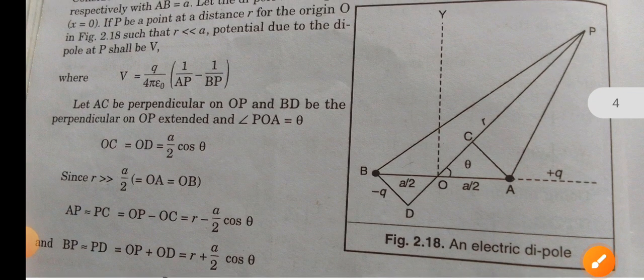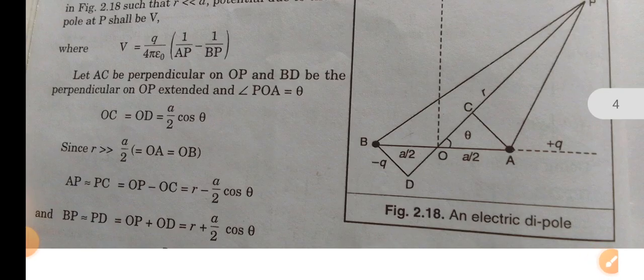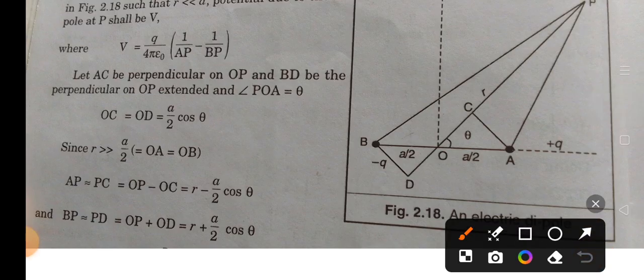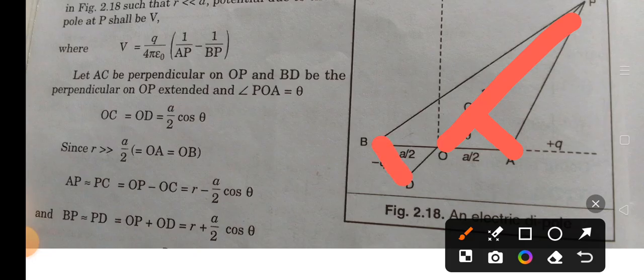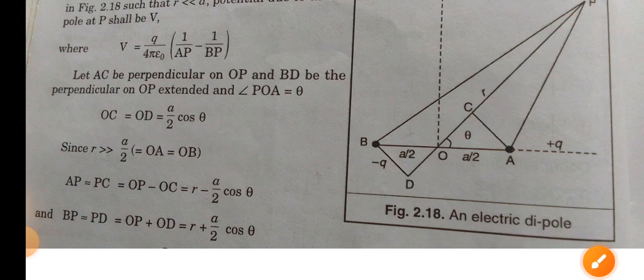So OC is equals to OD is equals to a by 2 cos theta.